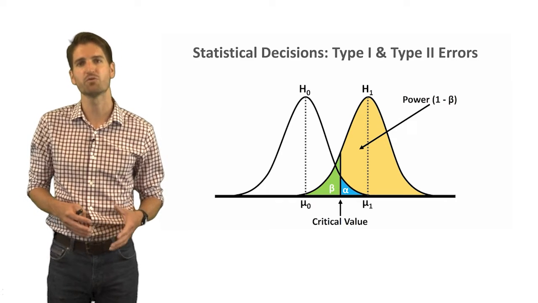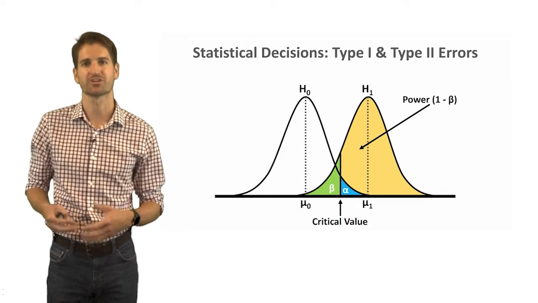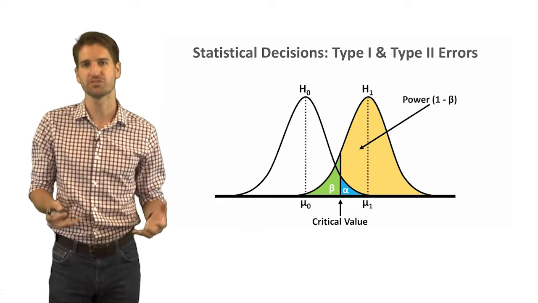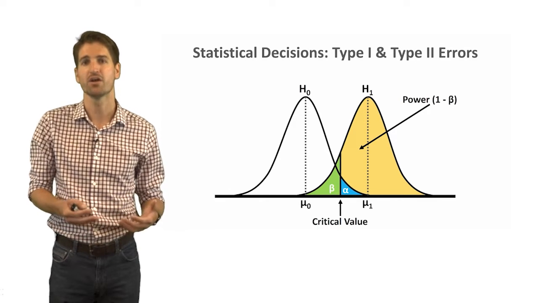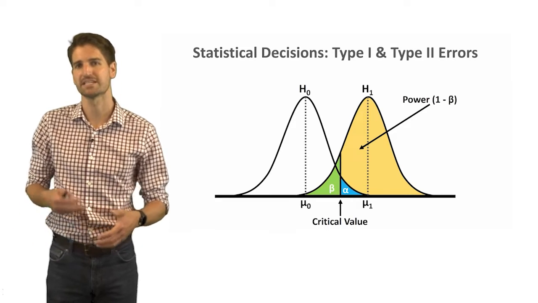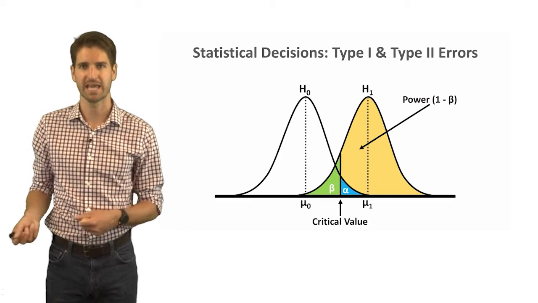Ideally we want as much yellow as possible because this is our power to detect something that actually exists, whereas we also want to minimize the amount of blue because that's our type 1 error, which is the probability that we conclude something exists that doesn't actually exist in the underlying population. So again, you have this give and take.